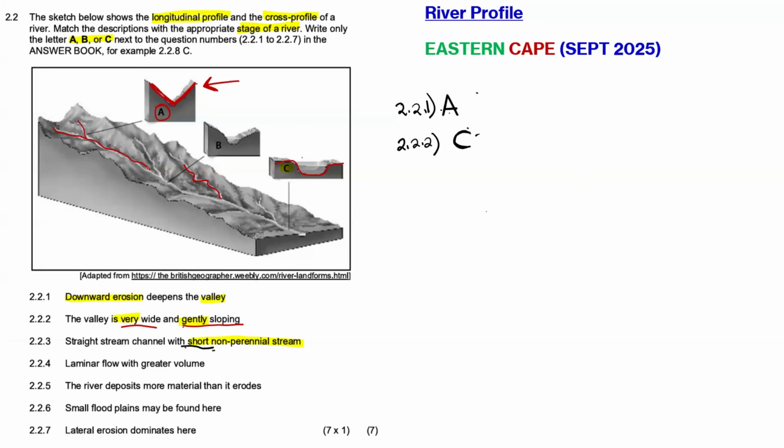So the river starts to wind and bend, although this diagram doesn't really represent it well. So we cannot have a straight stream channel in the middle course, number one. Even at the lower course, we'll have even more meandering because we've got more lateral erosion, right?